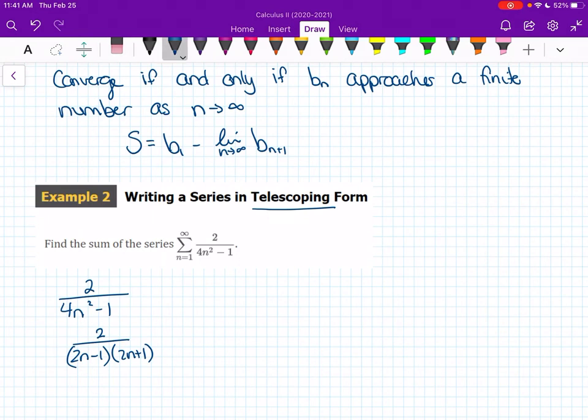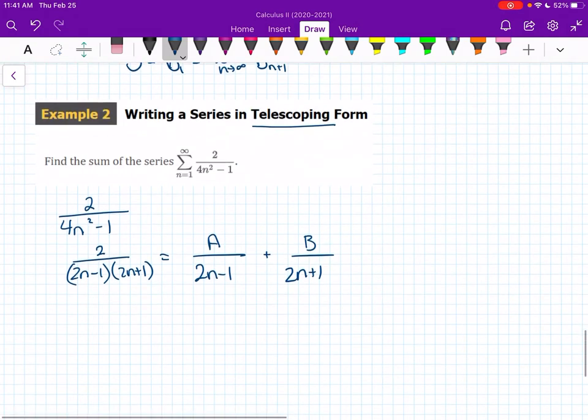Then your next step is to set that up where I have A over one of those factors, 2n minus 1, plus B over the second factor, 2n plus 1. I'm going to let you pause the video right now and try finding the values of A and B and confirm with me. So you should have found that A is 1 and B is negative 1.